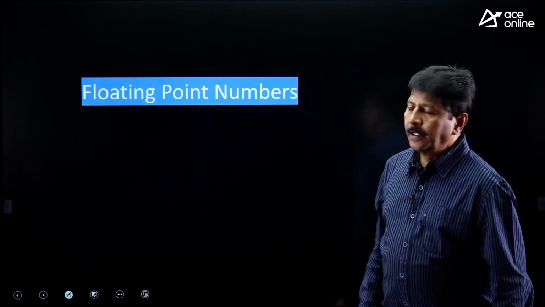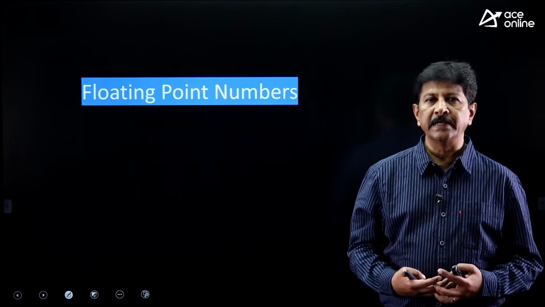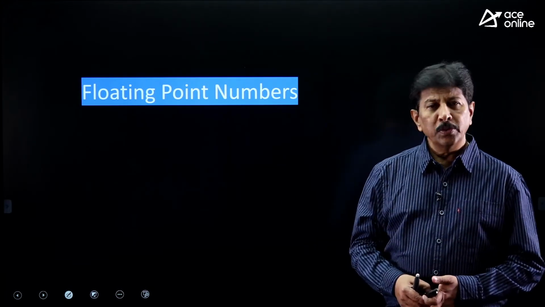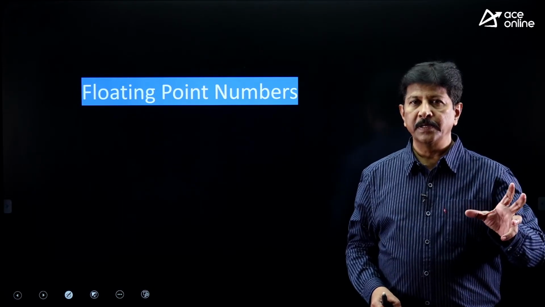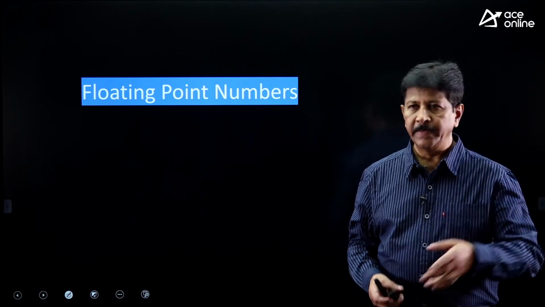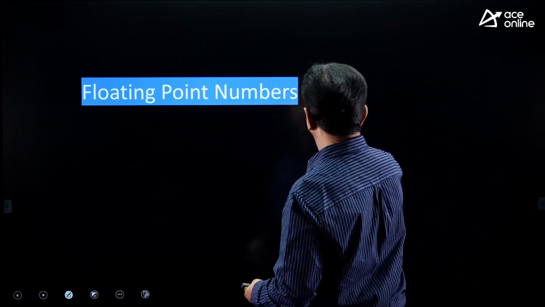Fine. So the next thing, generally questions will come from this topic, floating point numbers. You know that compared to fixed point numbers, floating point numbers are used in scientific computing.